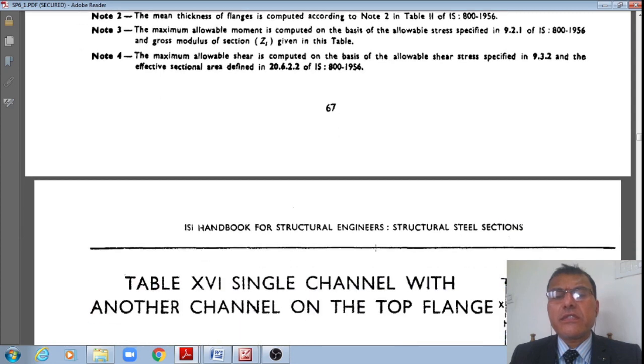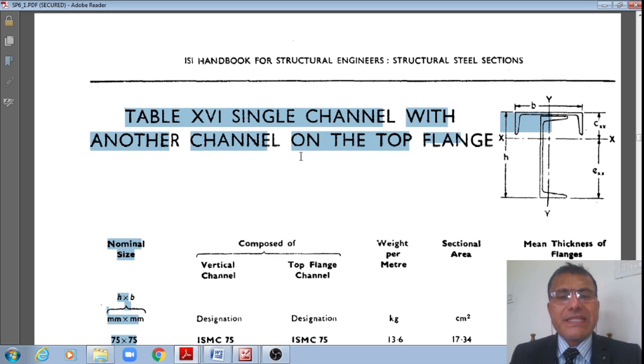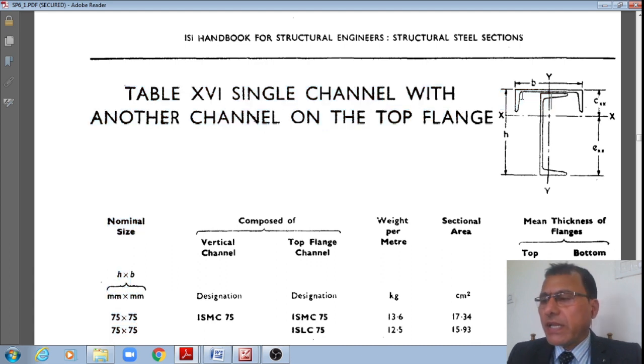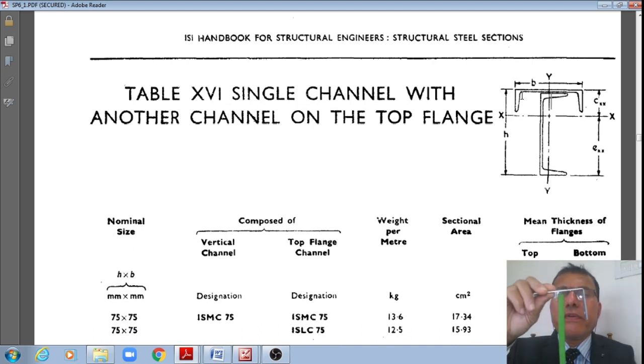As in table 16, a single channel with another channel on the top of the flange, right? This is how a channel is provided with another channel on the compression flange, right?